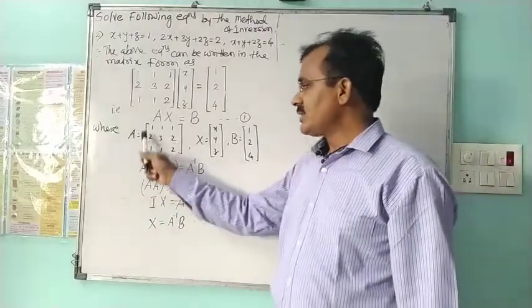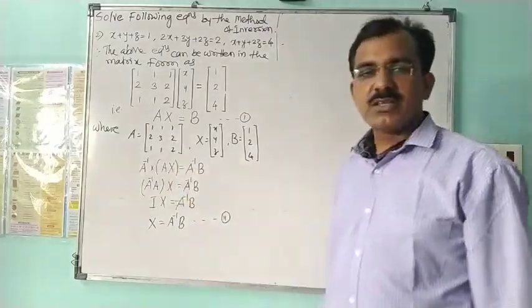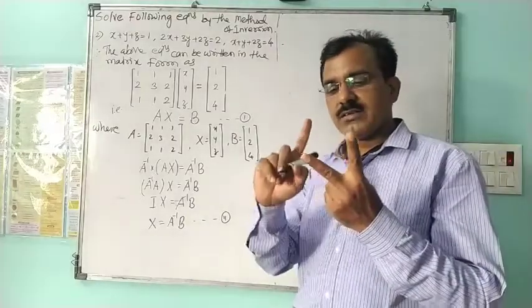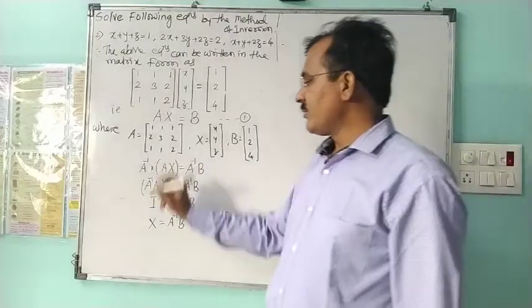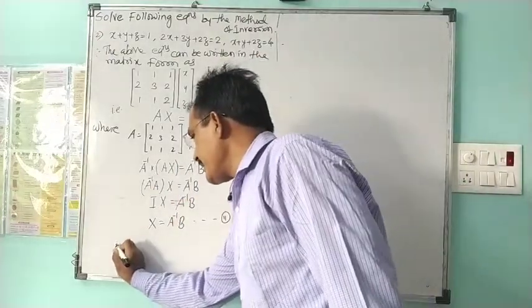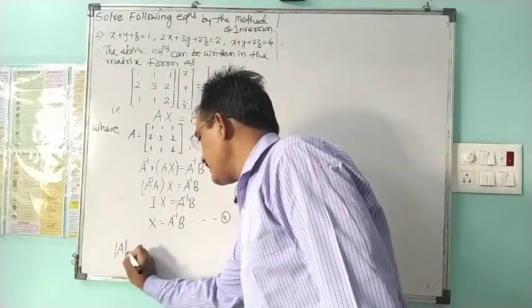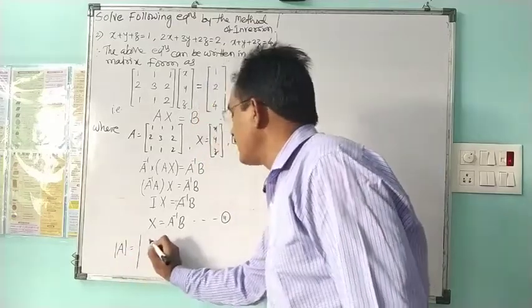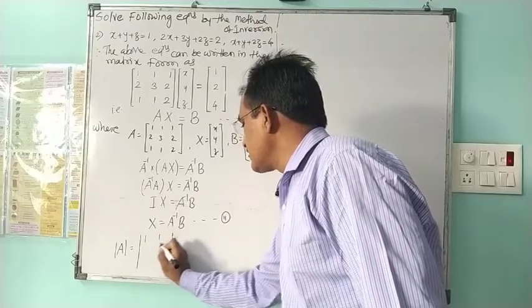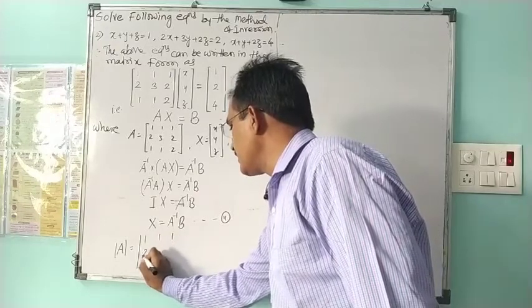So A is with us. In the adjoint method we require two pieces of information, determinant of A and adjoint of A. So we will find determinant of this matrix A. So determinant of A is equal to the same 9 elements of A in a determinant.